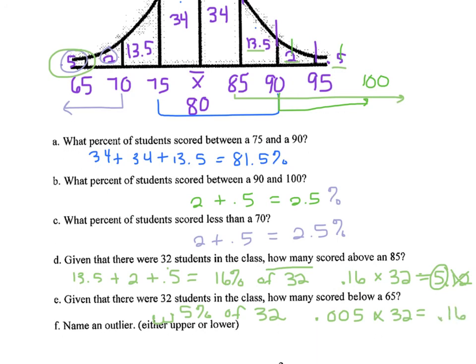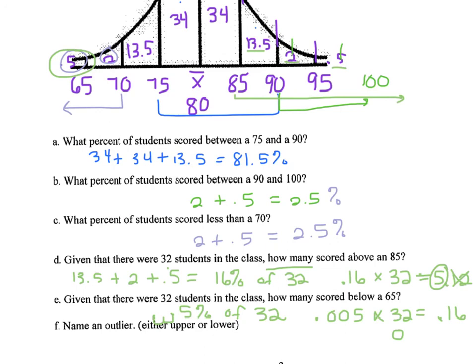Well, that's not enough to be a whole student, so basically nobody scored lower than a 65, which is good. Name an outlier. All right, we just have to be more than 3 standard deviations away from the mean.